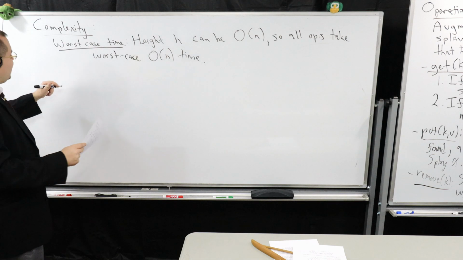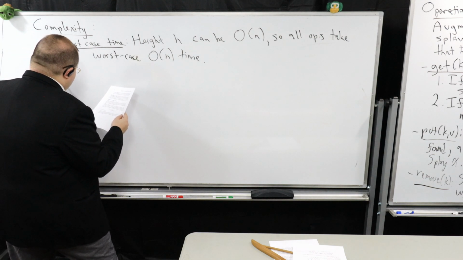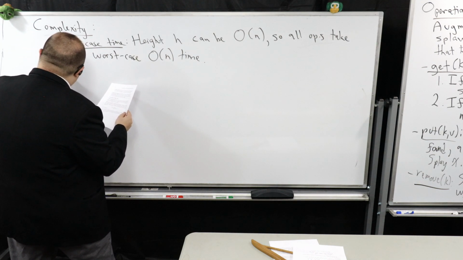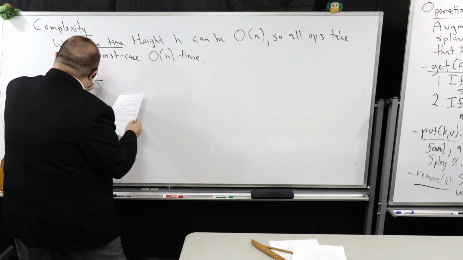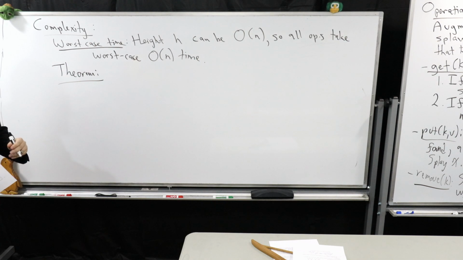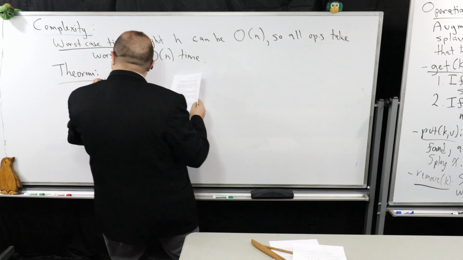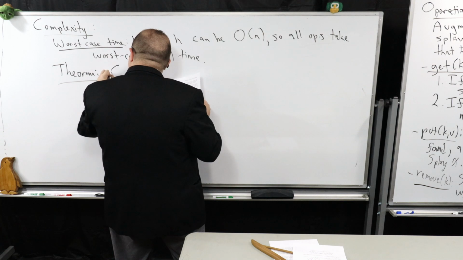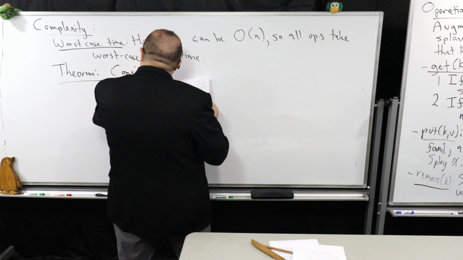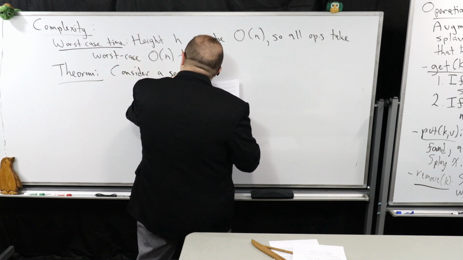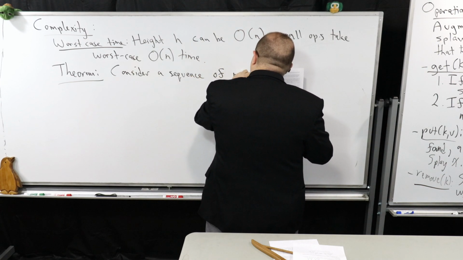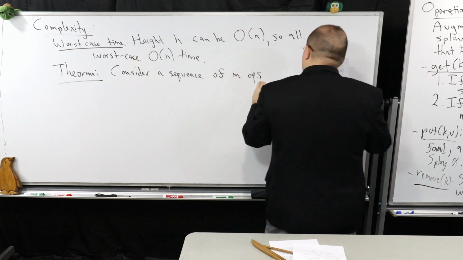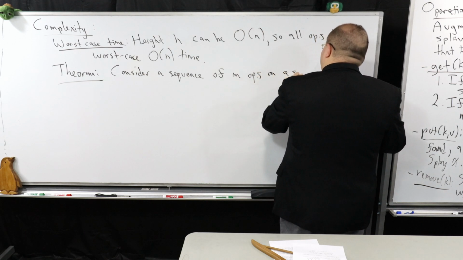Okay, so now this is the killer app of this thing. Let me just write this. This is kind of wild. This is why some people like to refer to the data structure as sort of like black magic. Watch this. Consider a sequence of M operations on a splay tree.